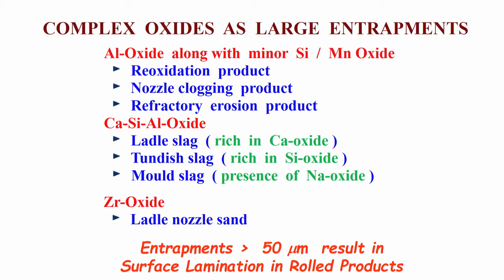That is very important to understand, because that will help us in identifying where from they are coming, how we can control it, whether we can totally restrict it. At least the large ones we should be able to restrict, so that they do not cause further quality problems. So, let us see what are the complex oxides which can be present as large entrapments.